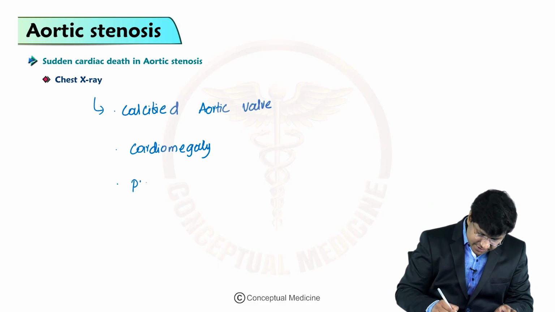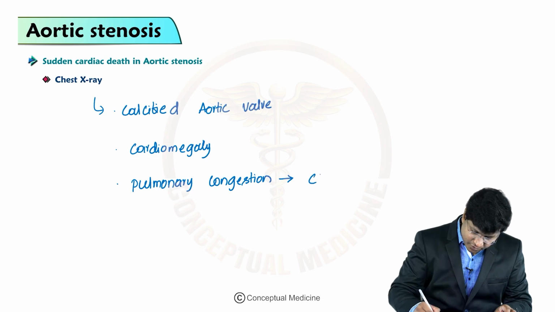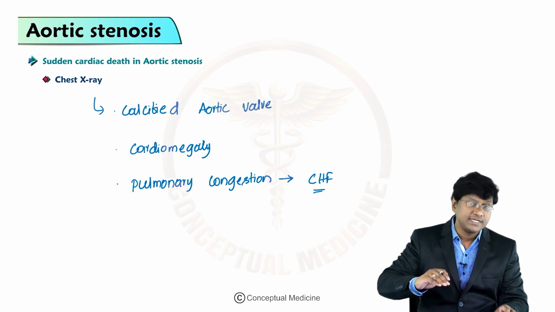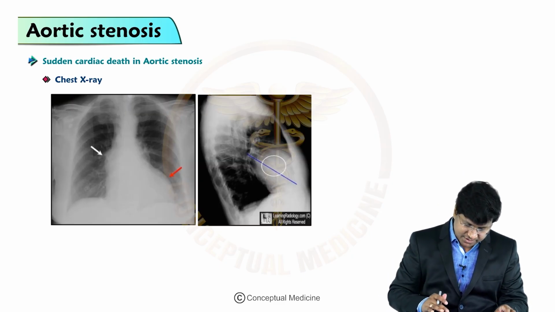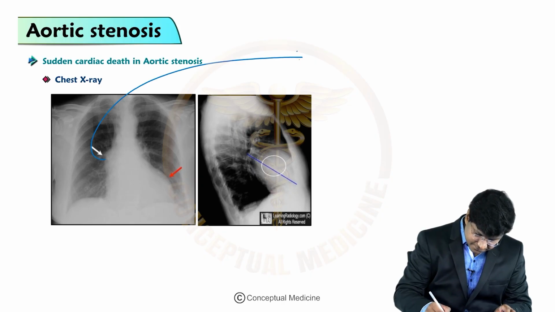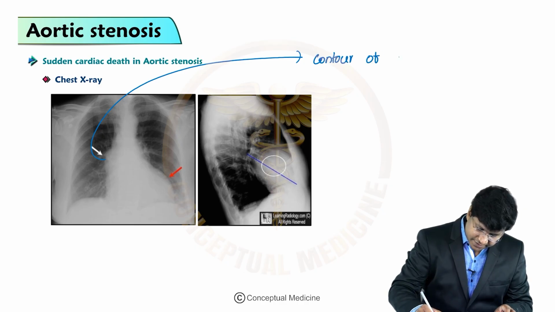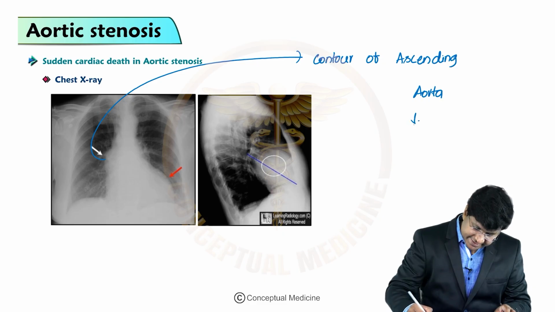Another important chest X-ray finding is pulmonary congestion. Why is there pulmonary congestion? That is because of the development of congestive heart failure. And not only that, if you take the contour of the ascending aorta, it will be more bulged.